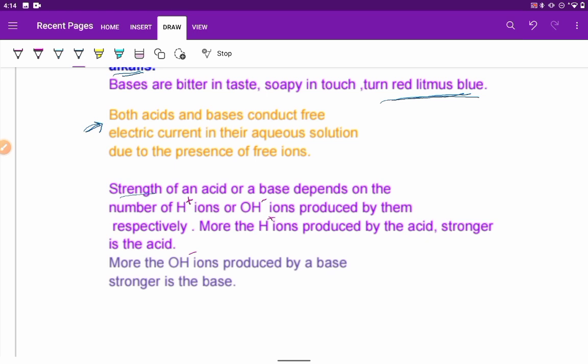That is, acid will produce H plus, base will produce OH minus. More the H plus ions produced by the acid, stronger is the acid. And more the OH minus ions produced by a base, stronger is the base. So directly proportional. More the ions produced, more the strength of that acid or the base.